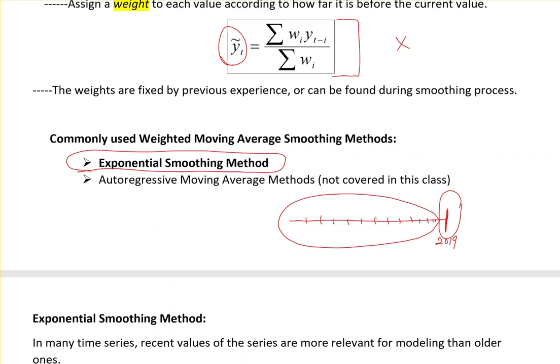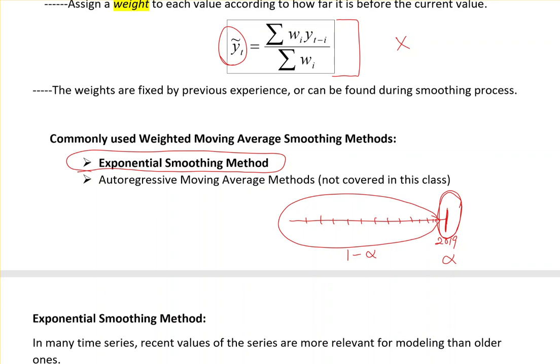I give the weight for the current value as alpha, and all the previous values will get 1 minus alpha. So I have two parts, two weights: the first weight is for the current value, and the other is for all the previous values.